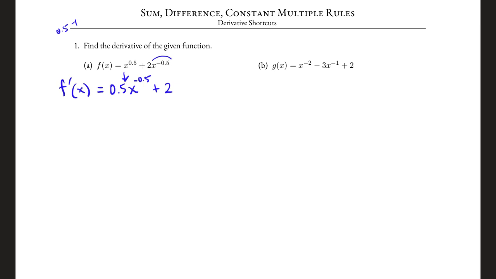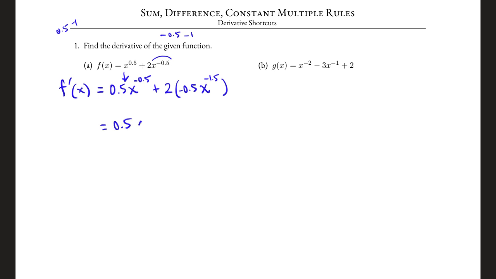The derivative of x to the negative 0.5: we bring the negative 0.5 to the front because this is the power, and then x, and then we lower the power by 1. Negative 0.5 minus 1 is negative 1.5, and then we simplify this.